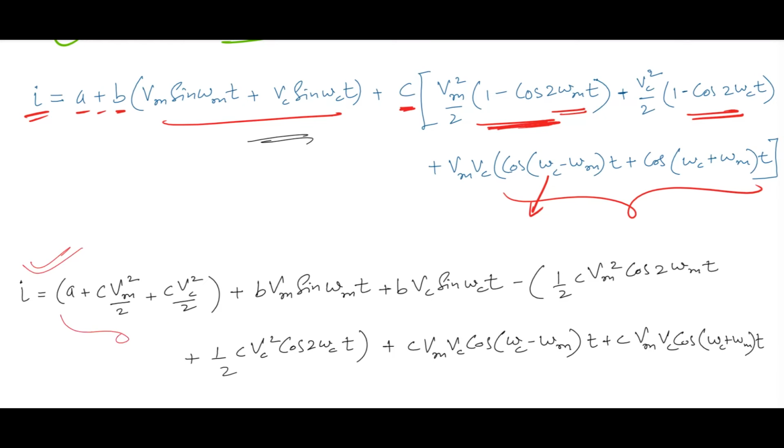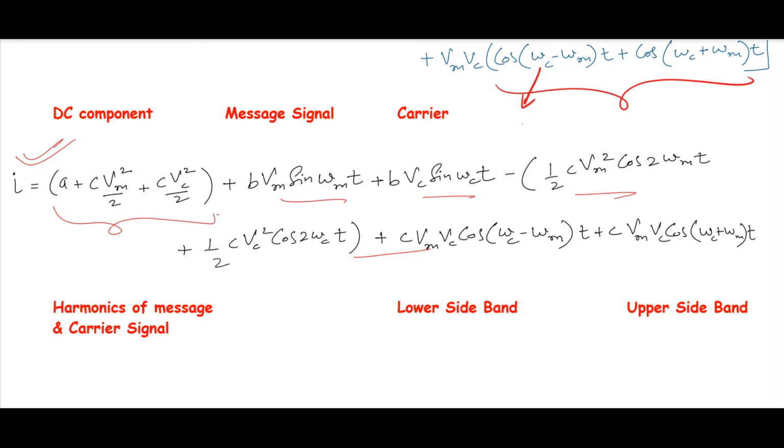The DC values are taken to one side and all the brackets are expanded. After expansion, we get some different values. If we notice this equation, we'll observe that there is some DC component. Likewise, we have the message signal, Vm sine omega mt, and the carrier signal.